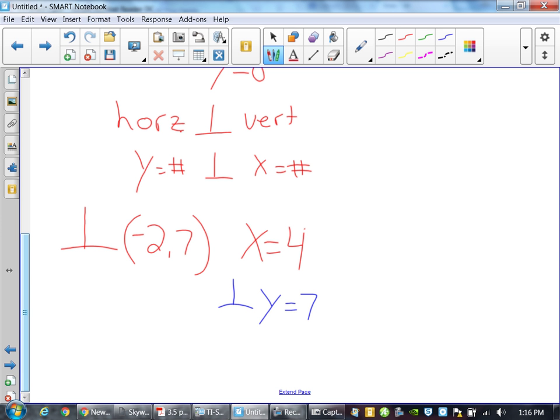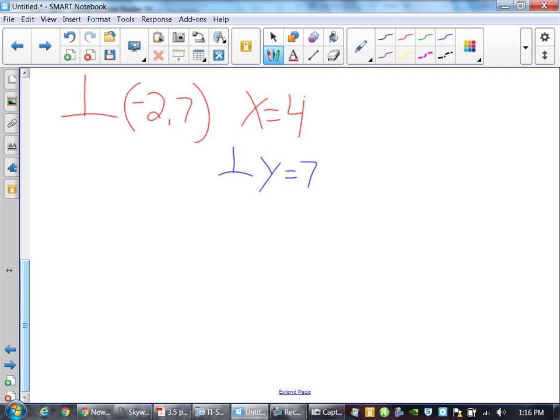Let me walk through one more of these real fast, okay? Y equals the number is horizontal or vertical?